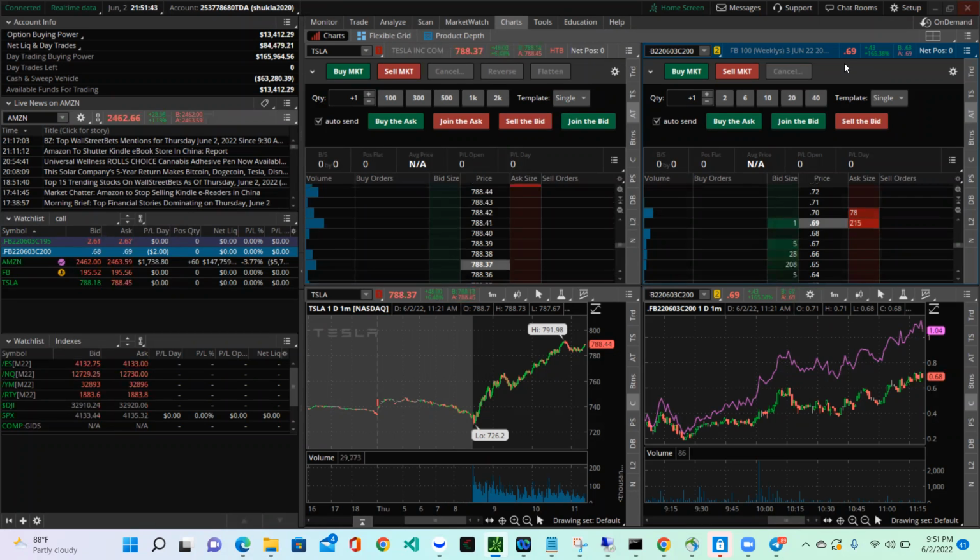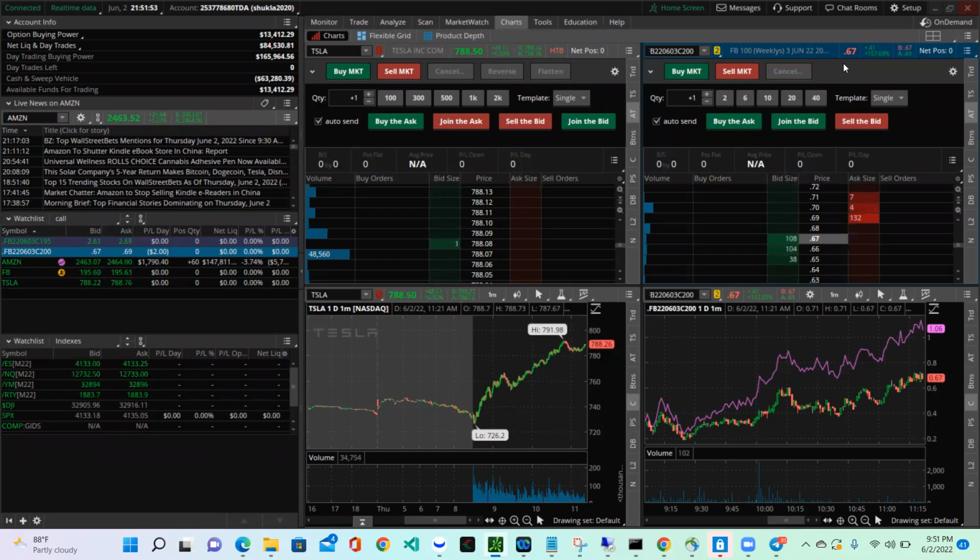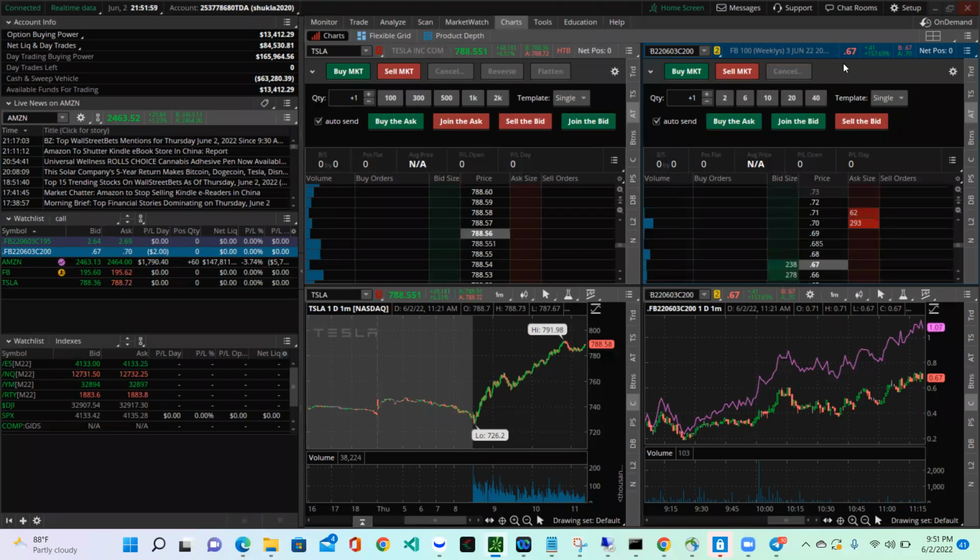So averaging is like you're buying two contracts. Say one contract is at 70 and the other is at 65, but the contract value will be the same. Only your overall cost will be smaller. You're averaging your cost.